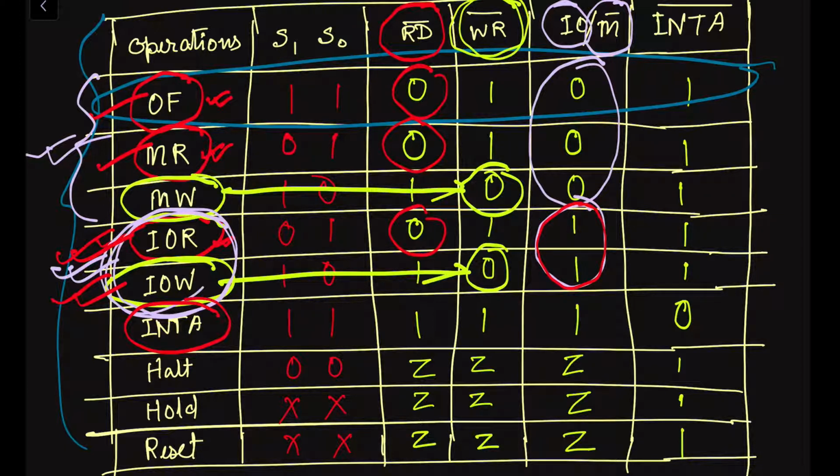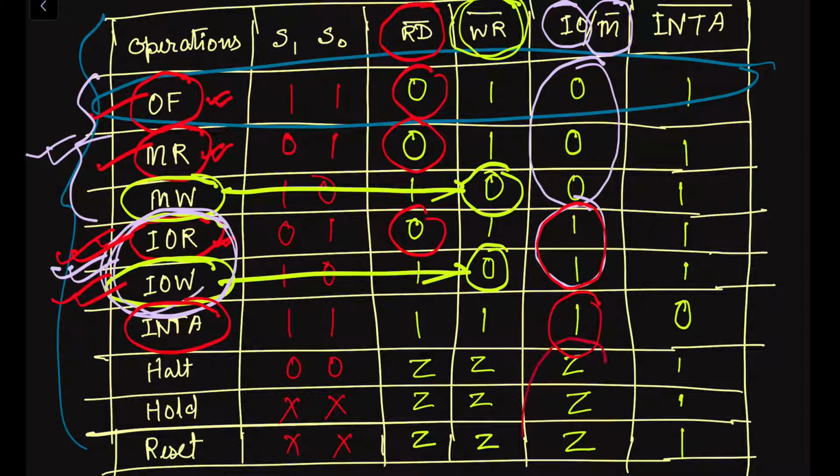When the processor gets an interrupt signal, it stops its operation or finishes the present instruction or machine cycle, then it hands over the address bus or maybe the data bus to the input output or the interrupting devices. Therefore it is related to the input output devices, and this value is 1.